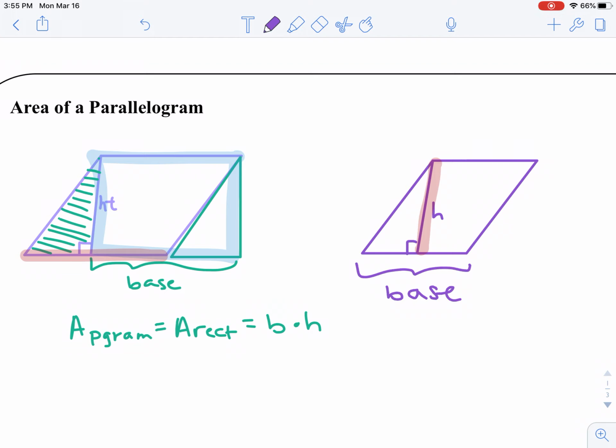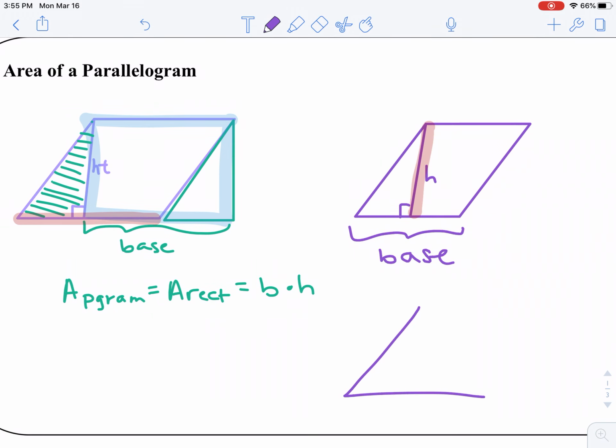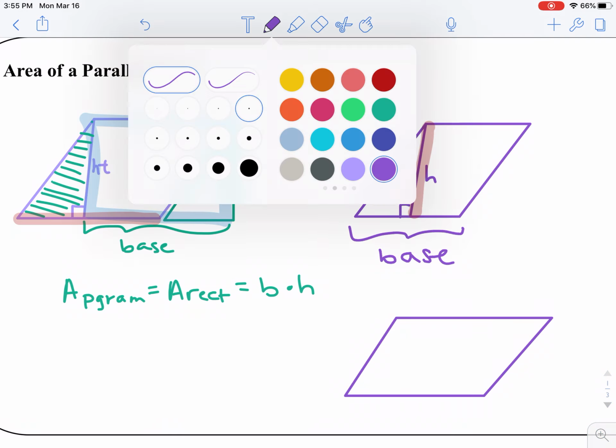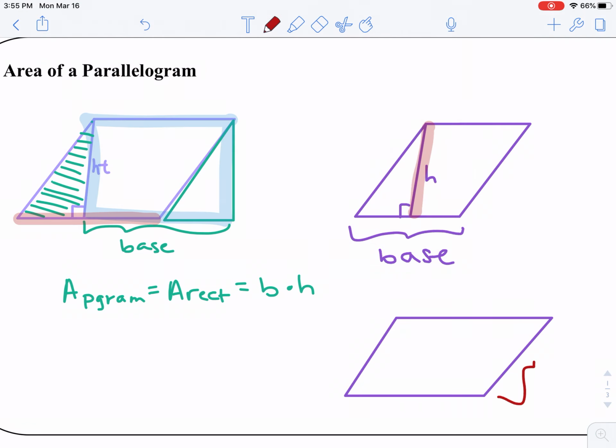So if I drew my parallelogram a little bit differently, about the same, but let's say I wanted to consider this my base, I would need to make sure that my height is the perpendicular height.